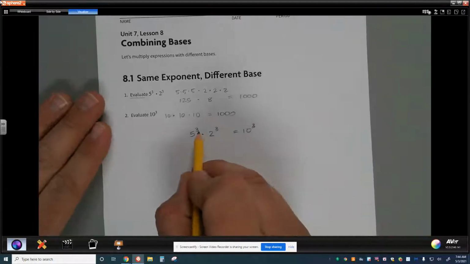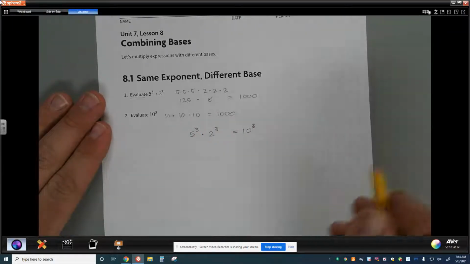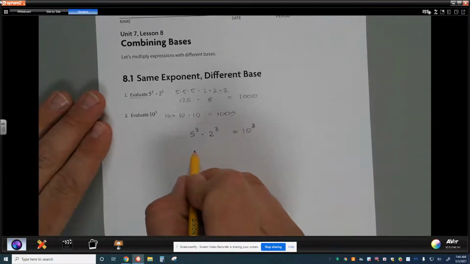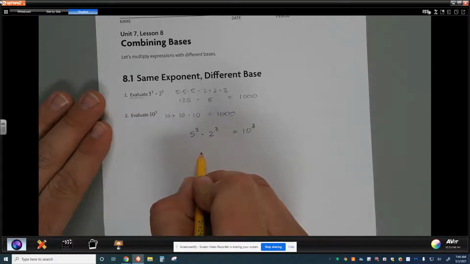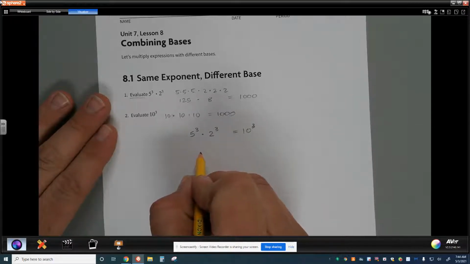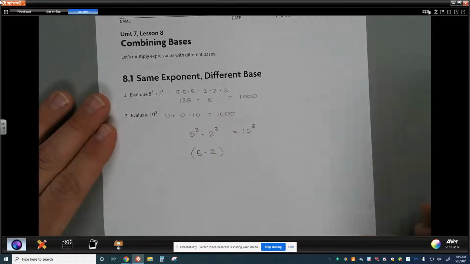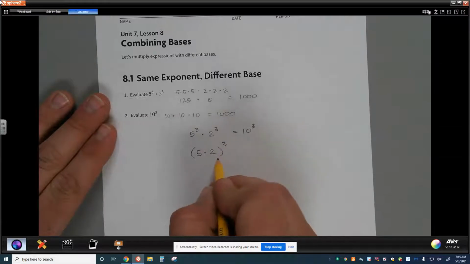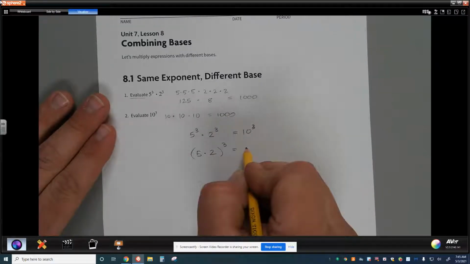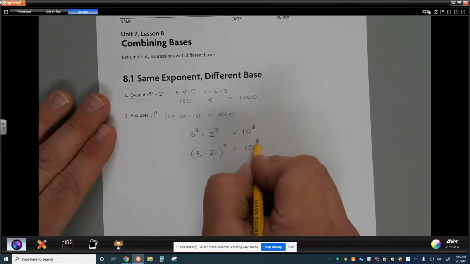When you consider the fact that the exponents are the exact same values, we can turn this into something that would look more like a distributive property, actually more like a power of a power thing, or what we call a power of a product. The product would be 5 and 2, and we would take the power of that product to give us the value of 10 raised to the third power.